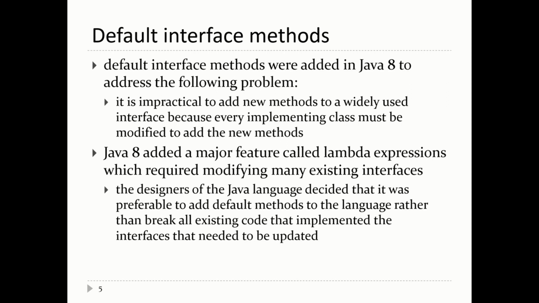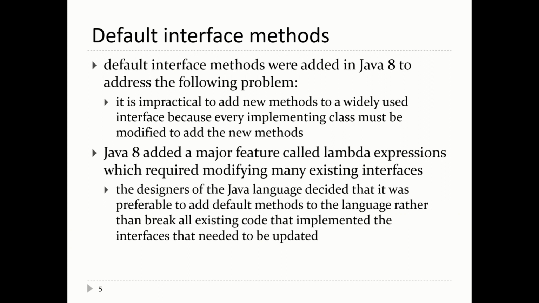I mentioned default methods are new-ish in Java. They came in version 8 of the language. The reason they were introduced is because there was a big change in version 8 of the language. The change was a very significant feature that was added to the language, and when they added it, the language designers realized that many of the existing interfaces had to change.